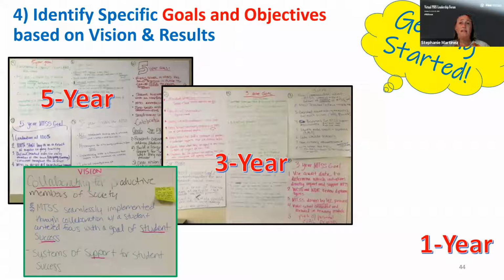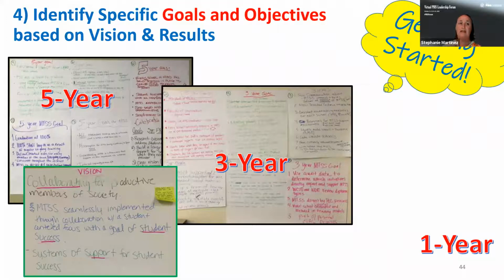So if you want to decrease office discipline referrals, do you want to do that by 5% at the end of 1 year, and maybe 15% at the end of 3 years? Having that is really nice because then you can communicate it back to all your stakeholders. Say, this is our vision, our goals that we want to see at the end of 1 year, 3 years, 5 years.